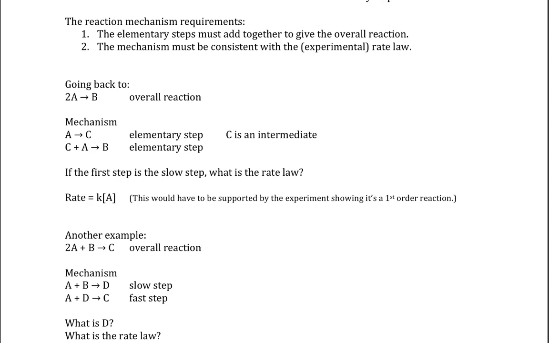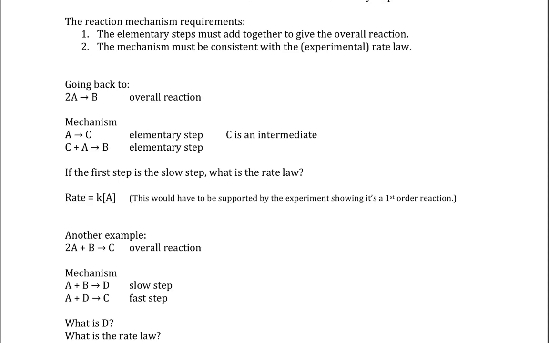So what we would do is go to the lab and we would determine what is the order of this reaction, just as we've done with the data we looked at earlier in this chapter. And we would determine, let's say it's a first order reaction. So then we would write out a possible mechanism. What might be occurring? What are the elementary steps?